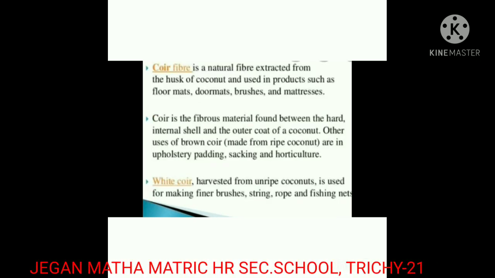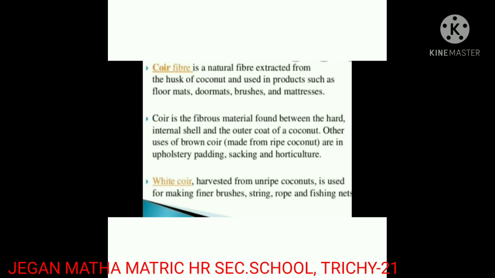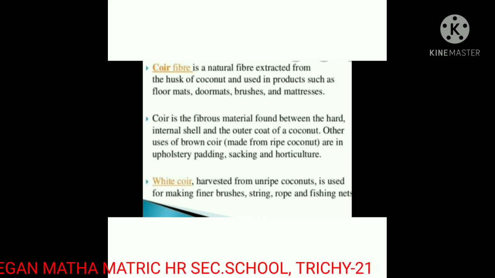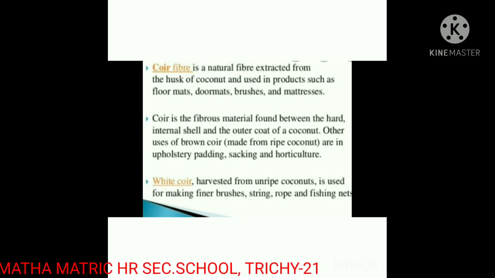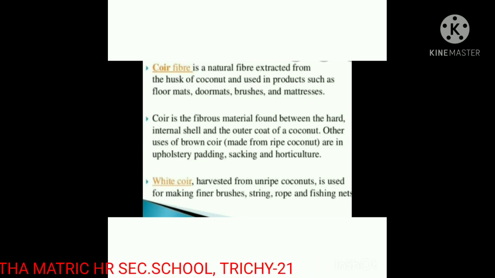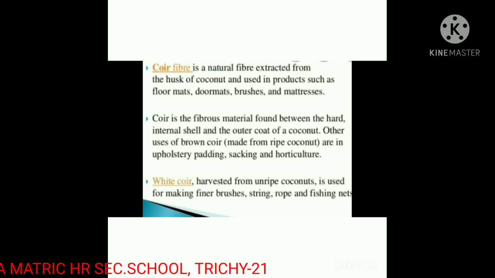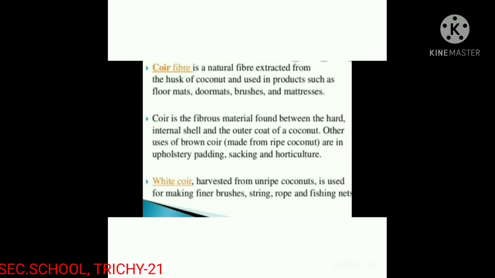Coir fiber is a natural fiber extracted from the husk of coconut and used in products such as floor mats, doormats, brushes and mattresses. Coir is a fibrous material found between the hard internal shell and the outer coat of a coconut.